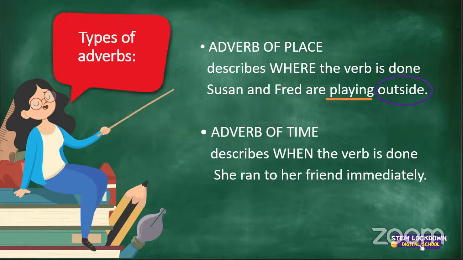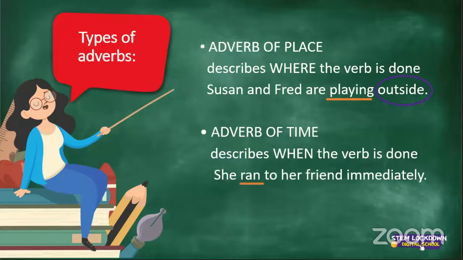The verb of this sentence, she ran to her friend immediately. Ethan, remember that the verb is the doing word. I think you were trying to answer a bit ahead. Remember I asked where is the verb? And the verb is ran.